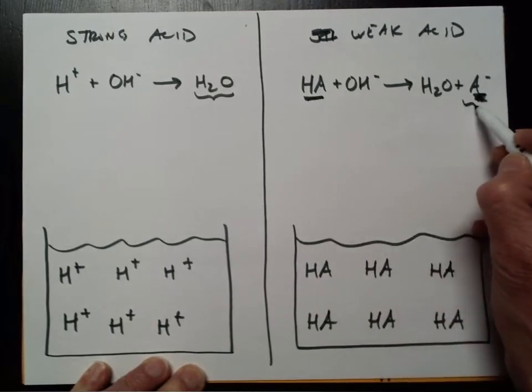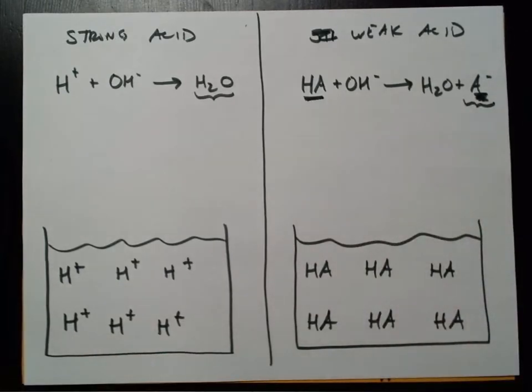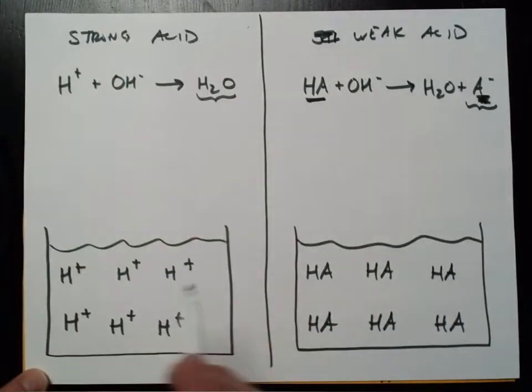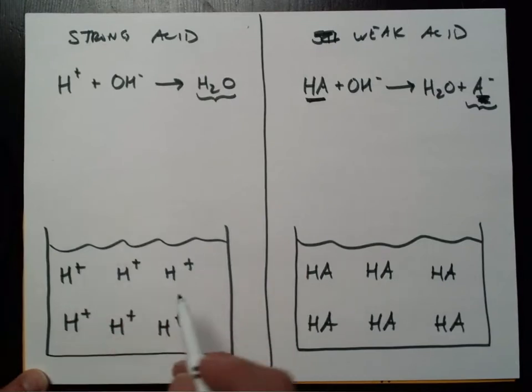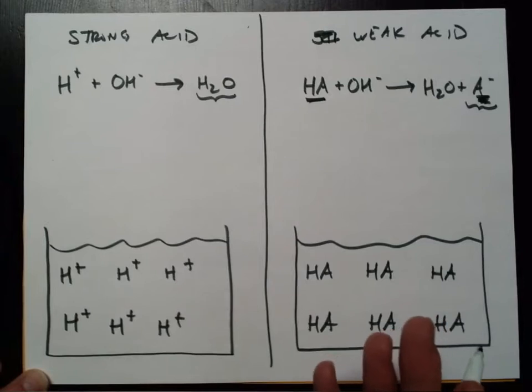In this case, you are forming something that affects the pH. And as a result of that, you look at these two things a little differently. This case is a bit easier. All you do is keep track of either the H plus concentration or the hydroxide concentration, and you're good. You can find the pH from that.